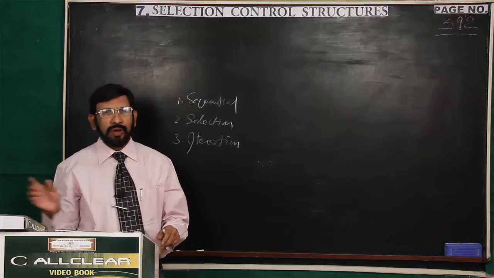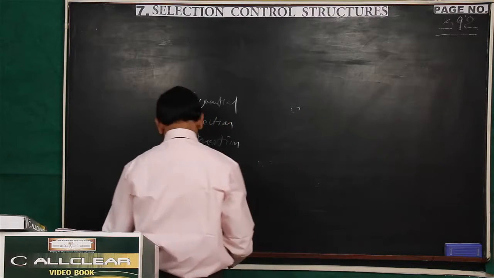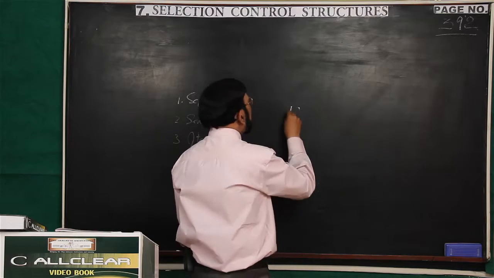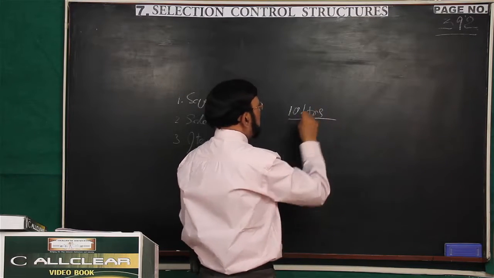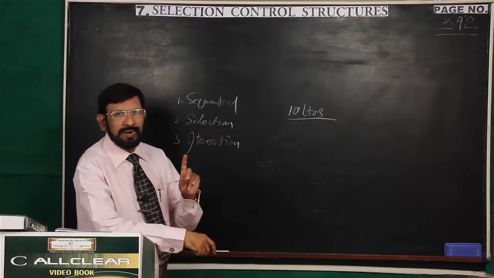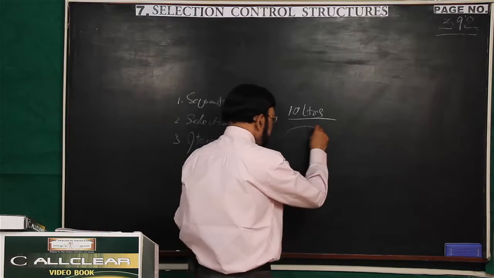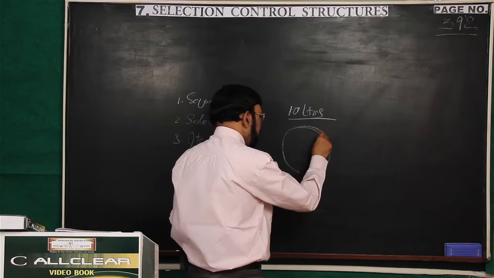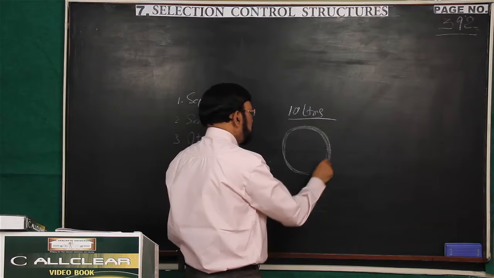Suppose you have to pour 10 liters of milk, and you have a 1 liter mug. Then the same action, what is the action? You have to pour 1 liter of milk. How many times do you perform the action?